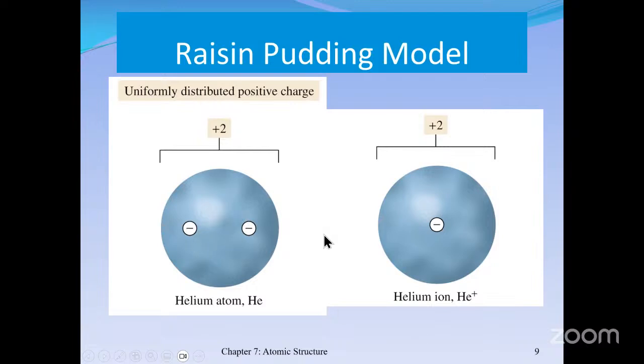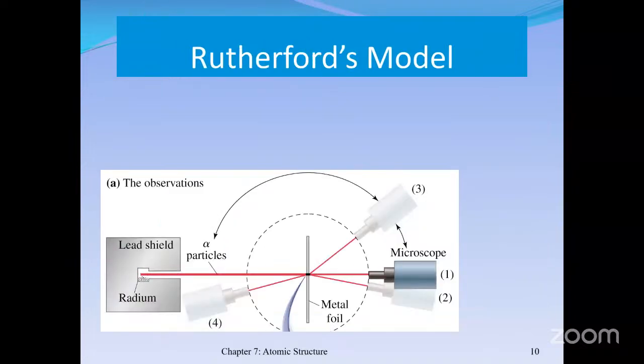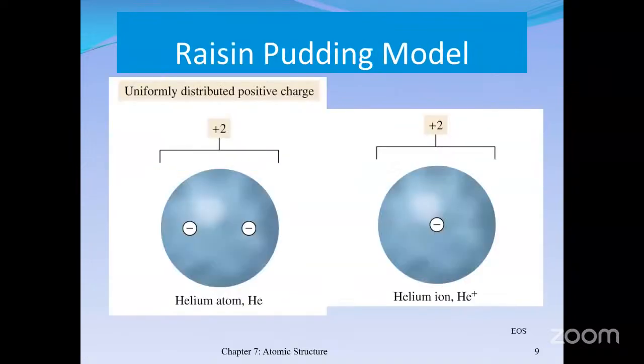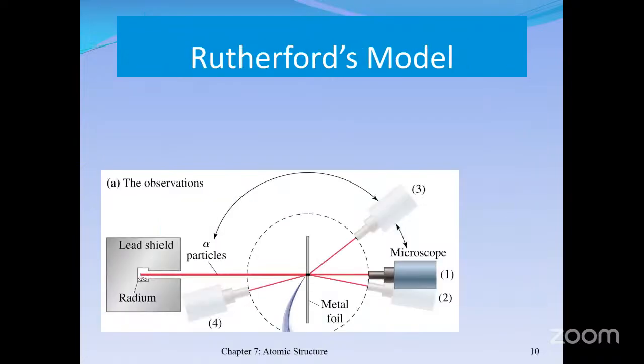And what he also suggests is that if you remove one of these electrons from the atom, then the other electron will simply move right to the middle of that sphere. So this is basically the plum pudding model that was put forward by J.J. Thomson. All right. So again, people are not just satisfied with somebody putting up an idea and just leaving it as that. Experiments were performed to test this particular model.